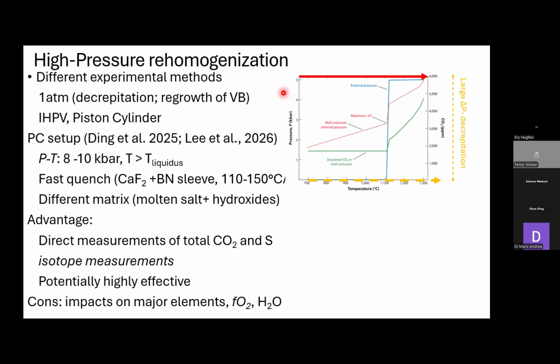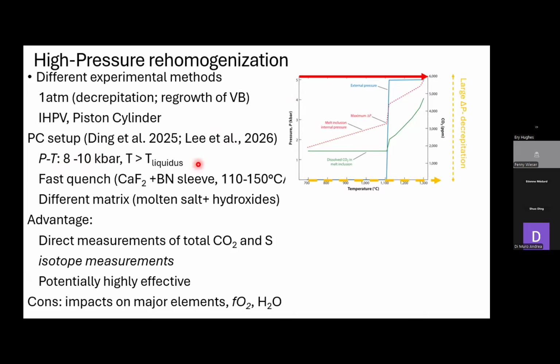The piston cylinder method is the one I have been using. We usually pressurize our samples to 8 to 10 kilobars and then heat up to a temperature that's above the liquidus temperature. Of course, you could also pressurize to higher pressure if you think your melt inclusion contains a lot of CO2 and was entrapped at higher pressure.